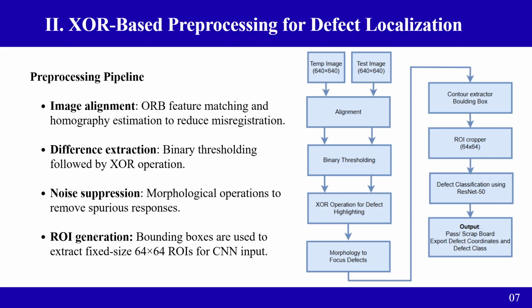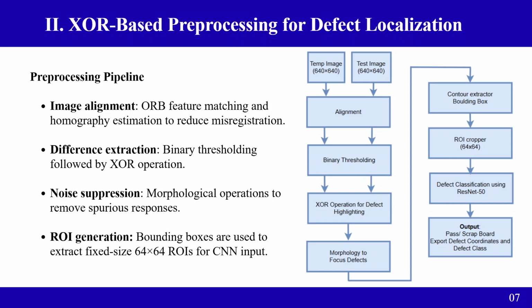Direct comparison is sensitive to shift and rotation. So firstly, we align the images using ORB feature matching and homography.